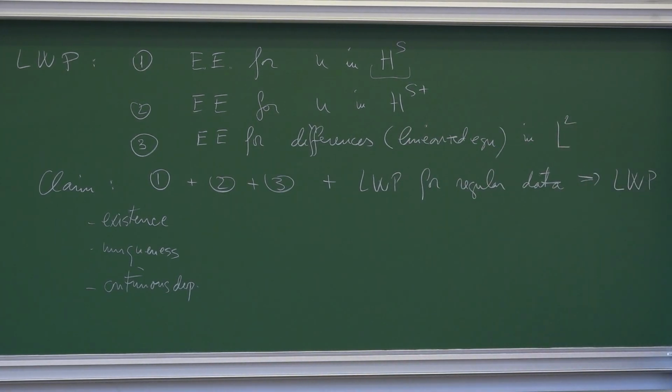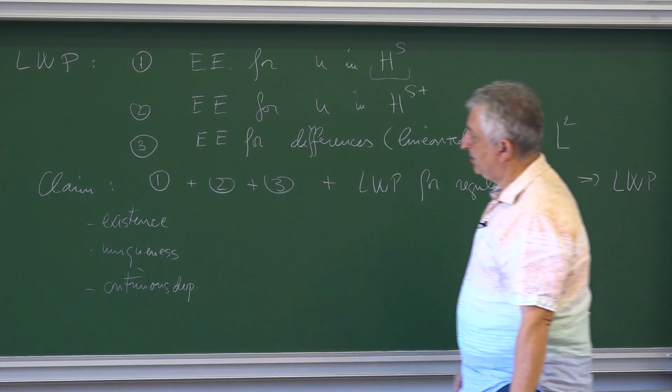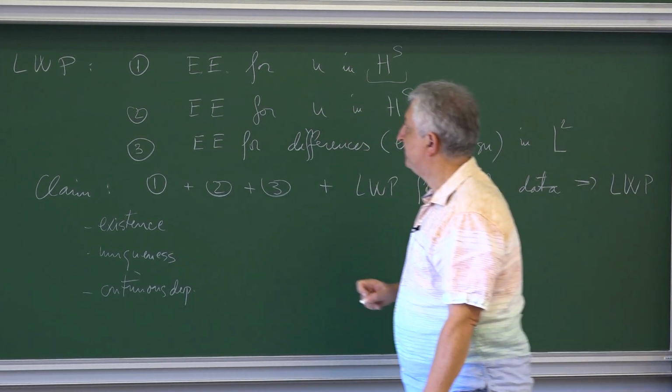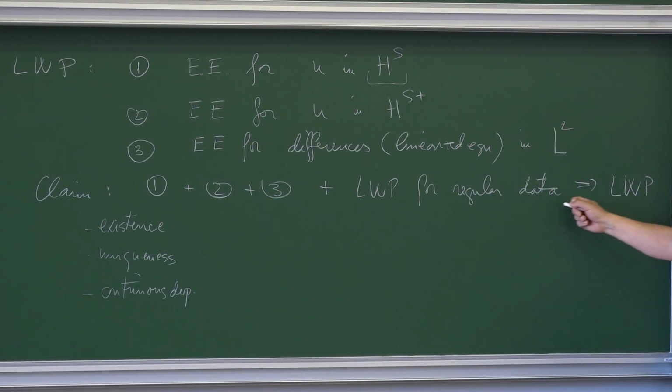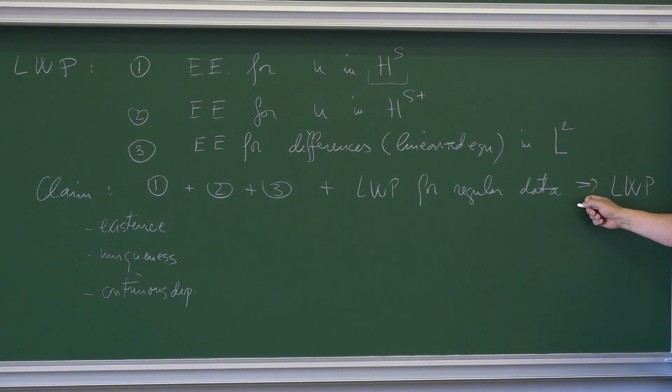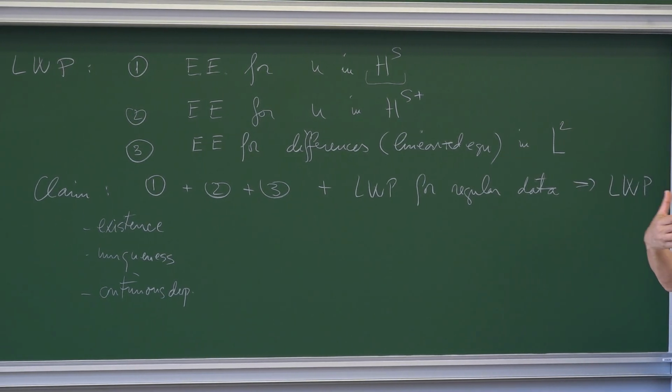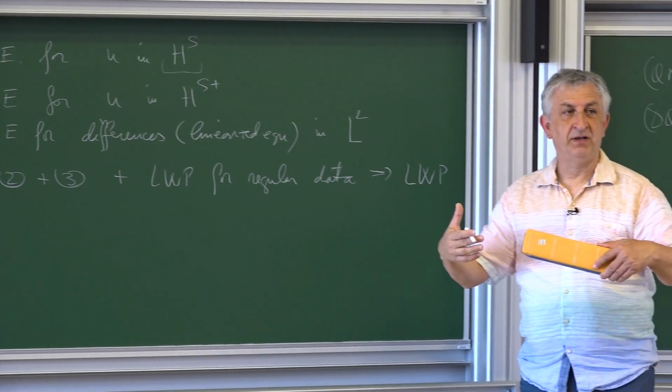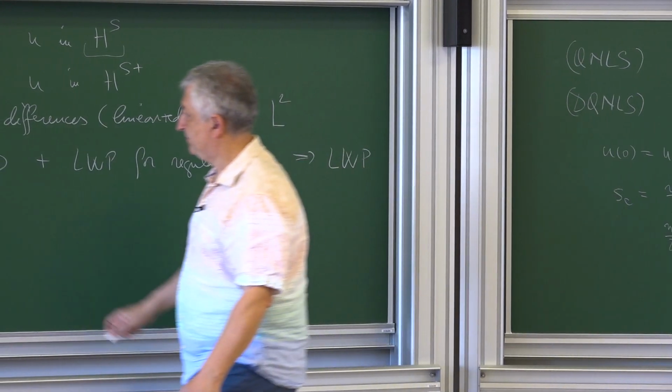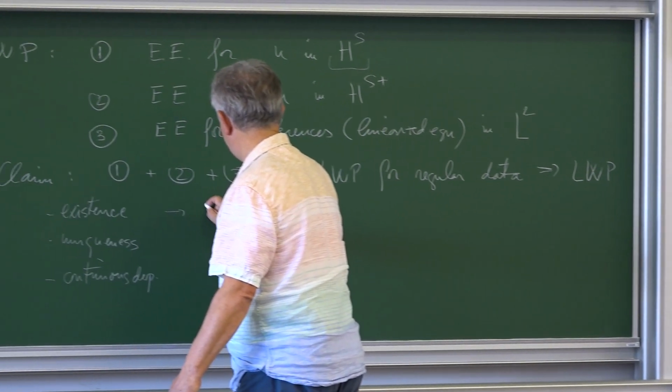I can make comments about each of these bits. In terms of existence, as I said, we are assuming that we have solutions already for more regular data, so we have a good starting point. And then to get rough initial data, we can get the rough solutions as the limits of smooth solutions. Okay.